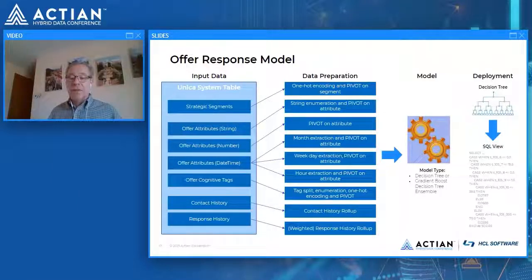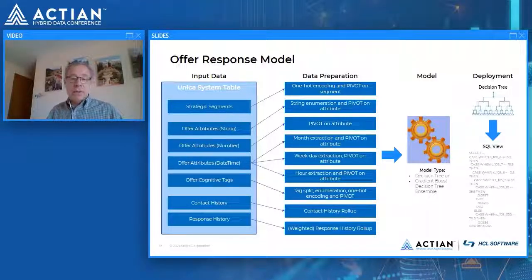Tag strings need to be split and also enumerated and one-hot encoded. And then for contact history and response history, we may want to roll up data from individual level, which may have a very low probability of response, to a segment level, so that our response rates are easier to predict.